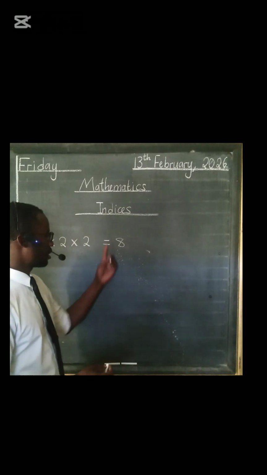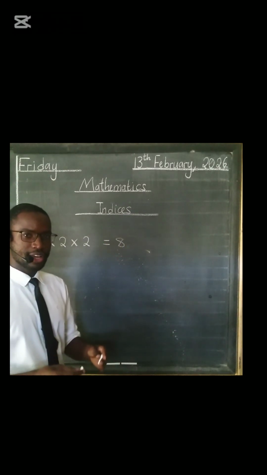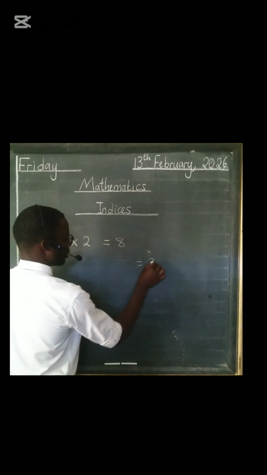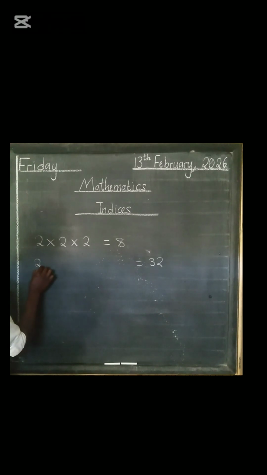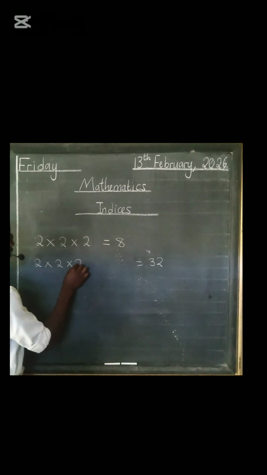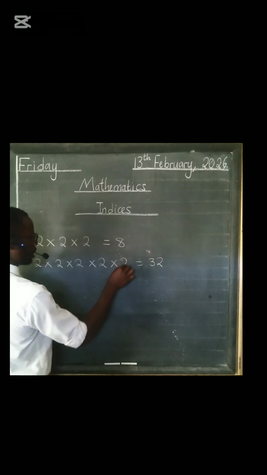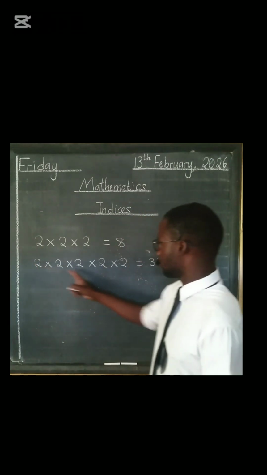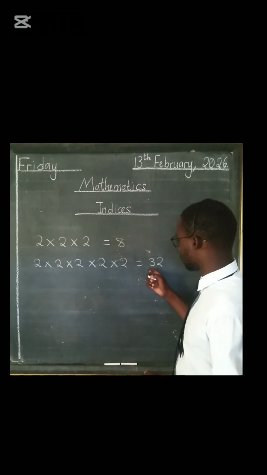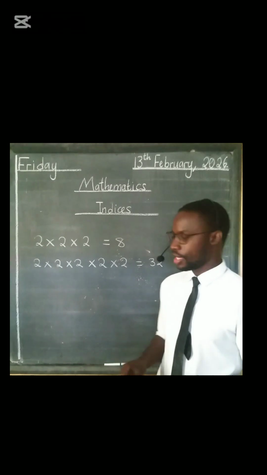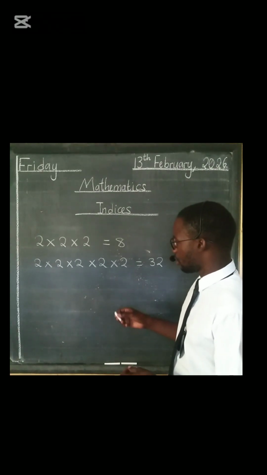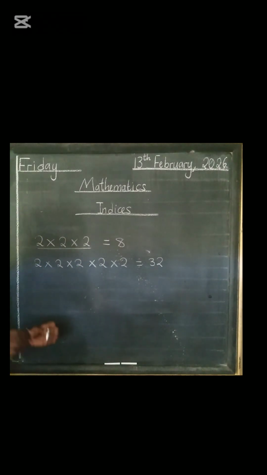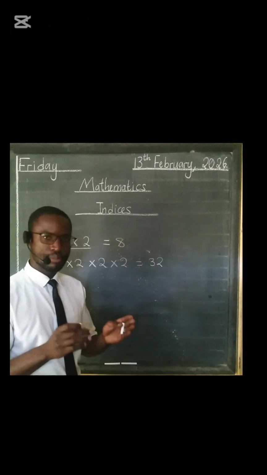Now imagine instead of 8 you have a much bigger number, for example 32. 32 is going to be 2 times 2 times 2 times 2 times 2. 1, 2, 3, 4, 5. Five 2's multiplied by each other are going to give us 32.